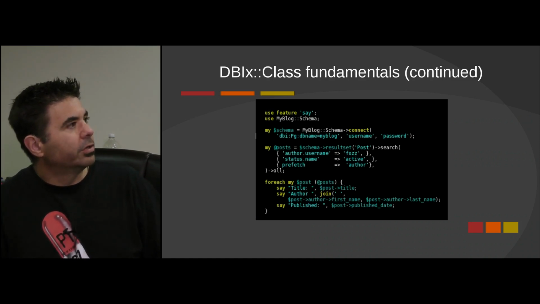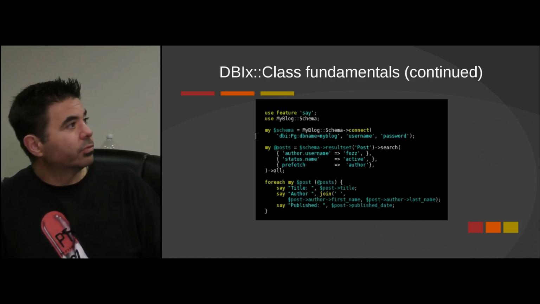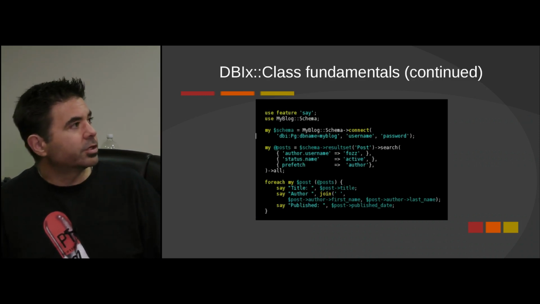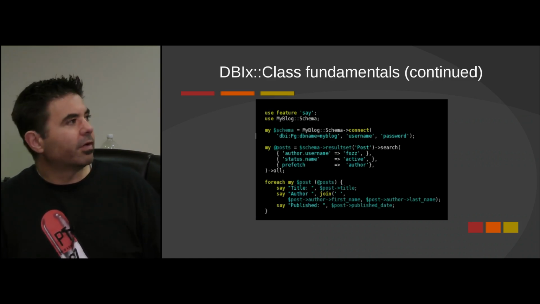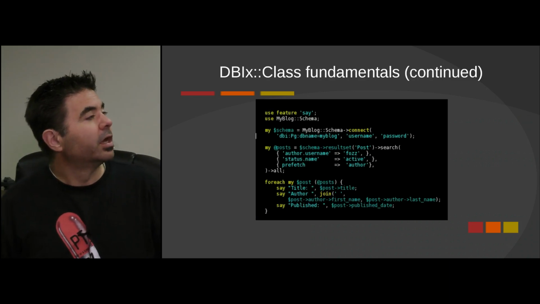And then we do a search, passing the criteria for the search, and we say return all the results of that search. That gives us a list of objects, and then our foreach loop goes through and iterates over that. So, a very fast overview of DBIx::Class.